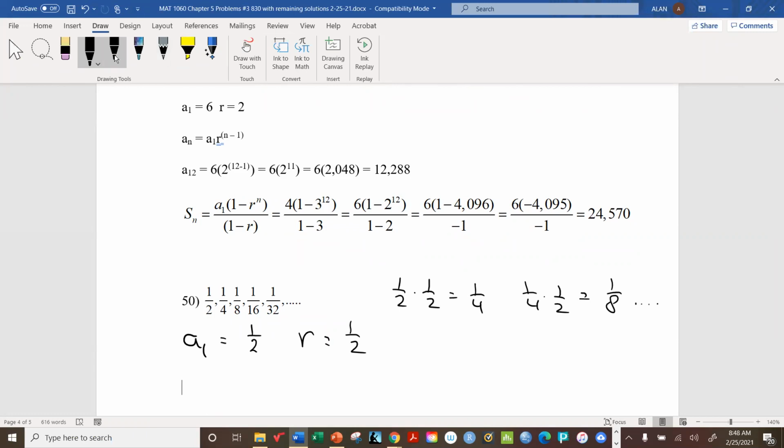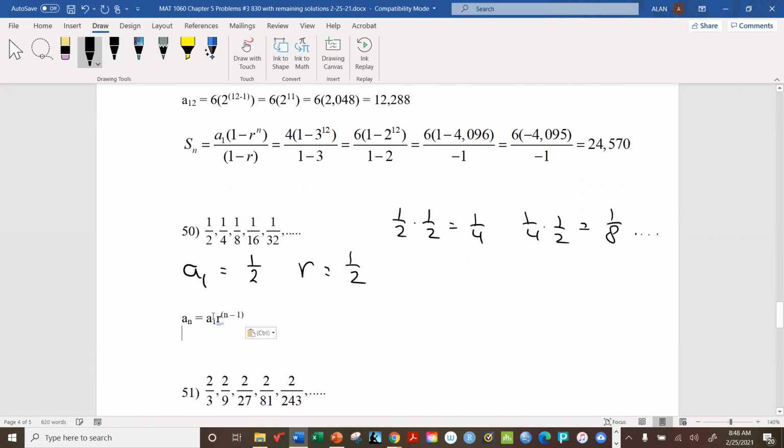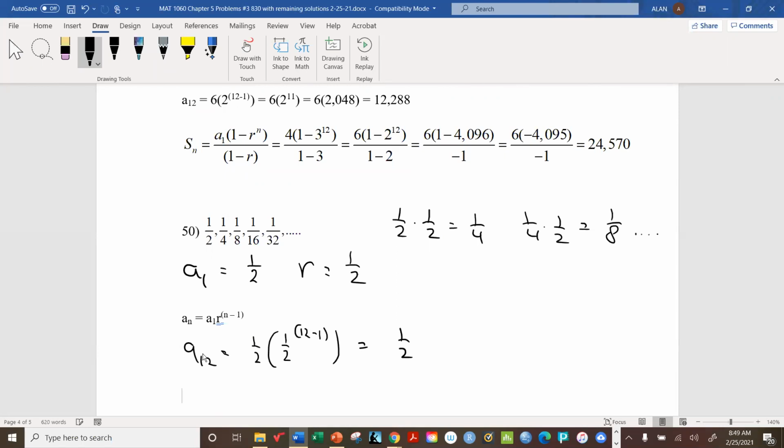So when we put in our formula, let's see what we get. So to come up with A12, we have 1/2 times 1/2 raised to the 12 minus 1 power. So the way you can look at it is that this one implicitly has a 1 for an exponent.